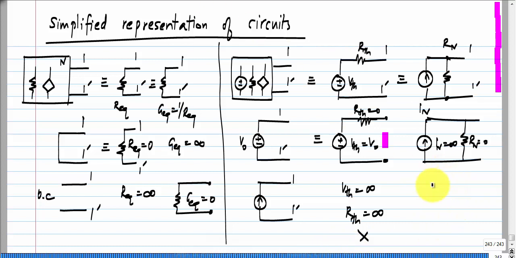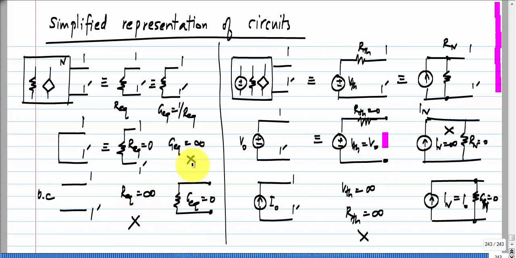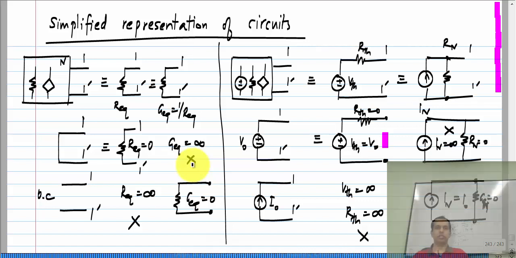Instead, you have to represent it as a Norton current source whose value equals the value of the current source I naught and a Norton resistance which is infinite, or a conductance which is 0. A Norton conductance which is 0. So, you can from this see that you will have to define parameters in different ways, so that you can describe all circuits with finite valued parameters. So, those are just preliminaries.